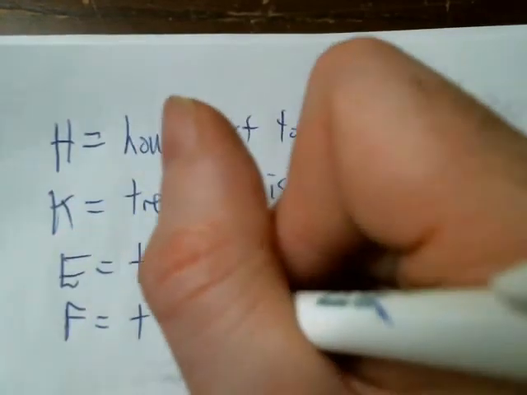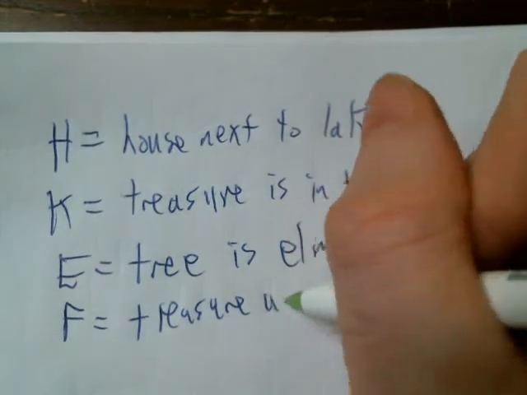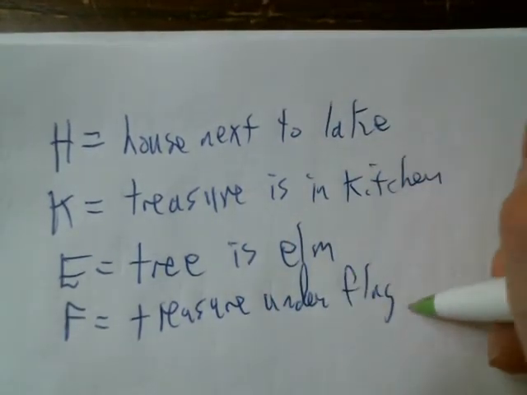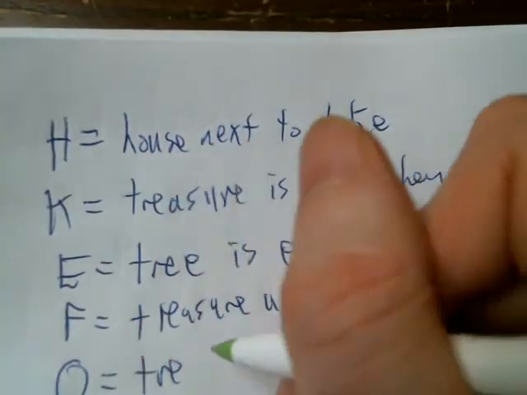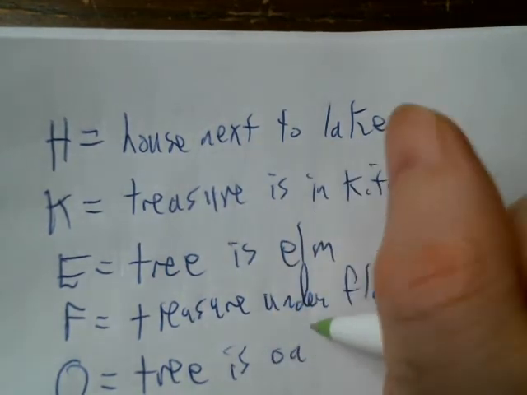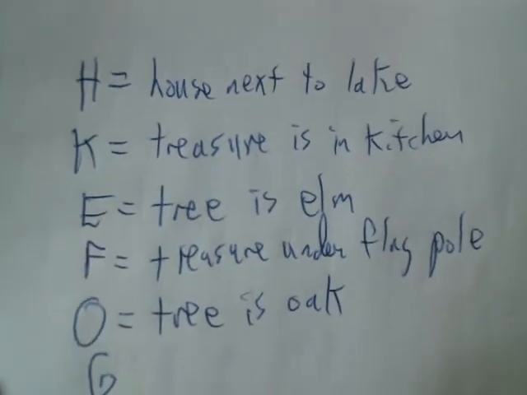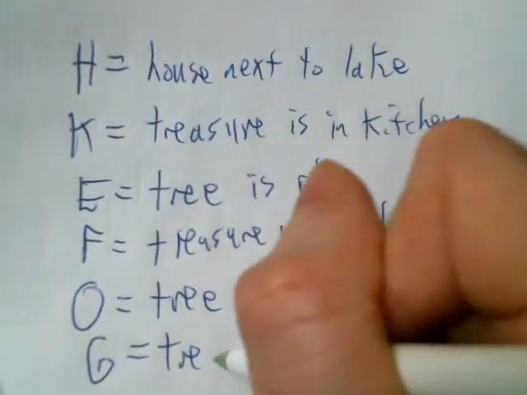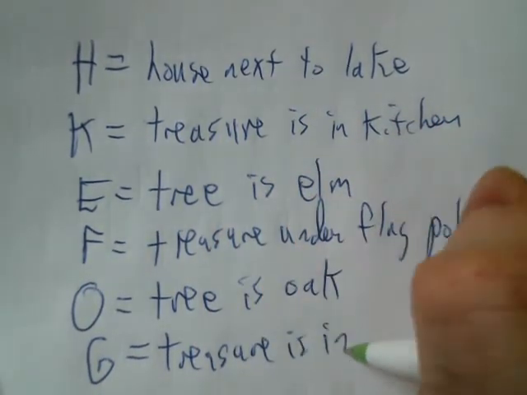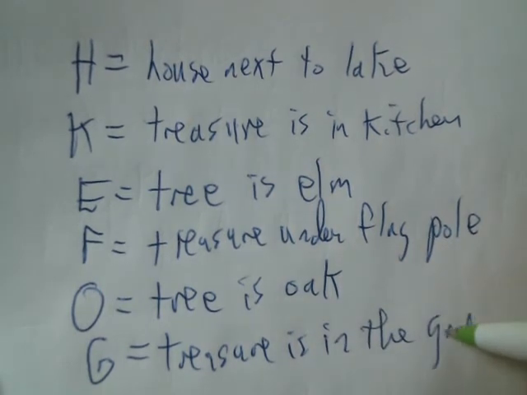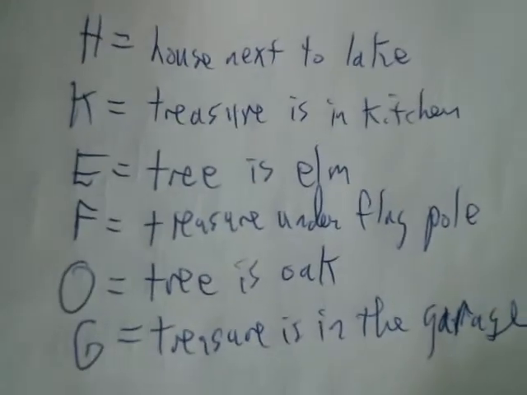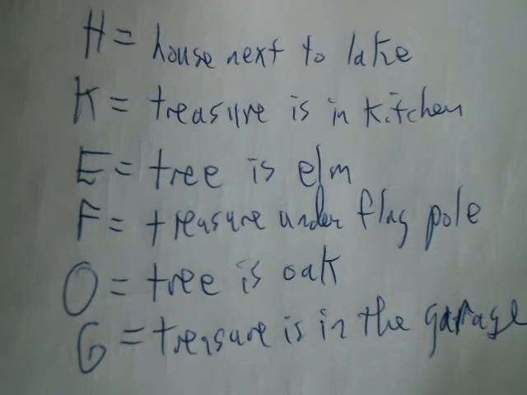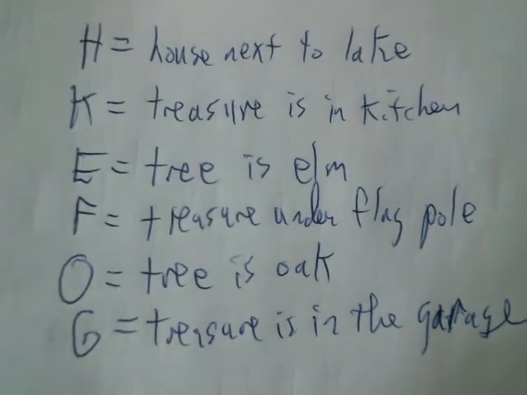F, the treasure is under the flagpole. O, the tree is the oak tree. And then G, the treasure is in the garage. Okay, so I'm going to get rid of the words in this puzzle, and that'll make it easier for me to make a conclusion about where the treasure is.